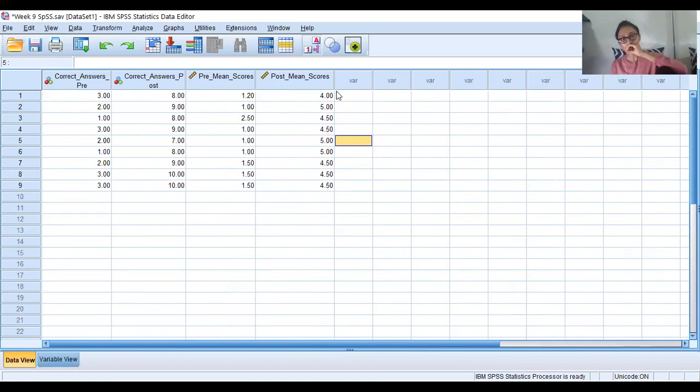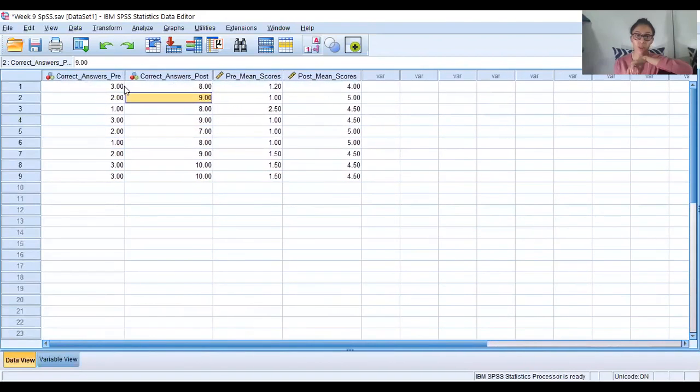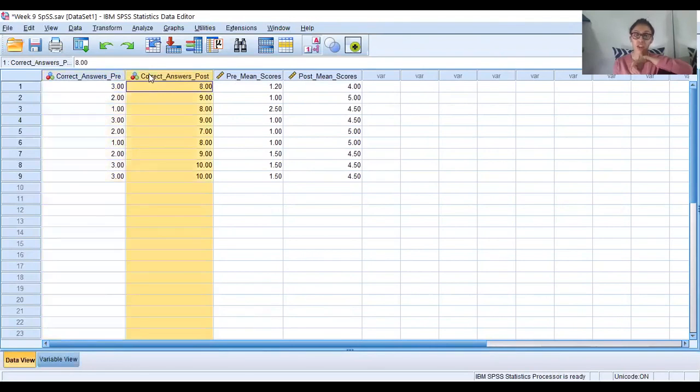Now guys, if you see these two columns, and I'll just highlight this, this is my section 2, my responses for my section 2. So if you see correct answers, pre-intervention, correct answers, post-intervention, these two columns are from my section 2.